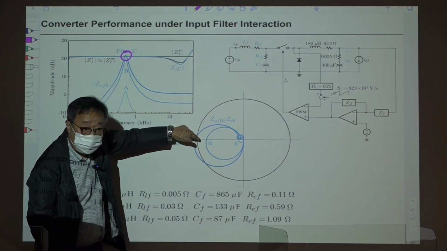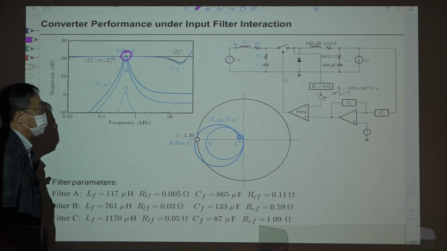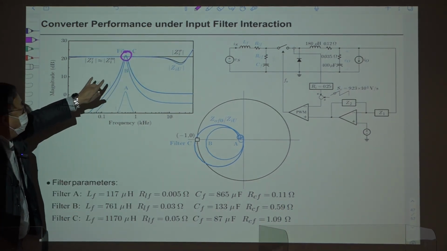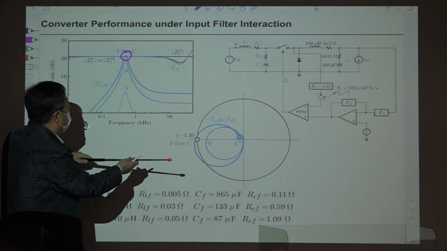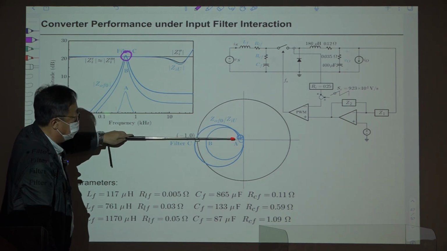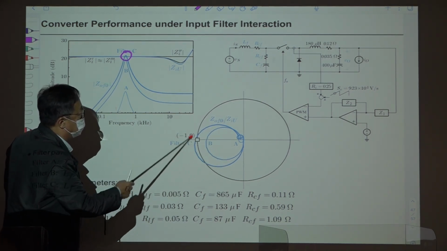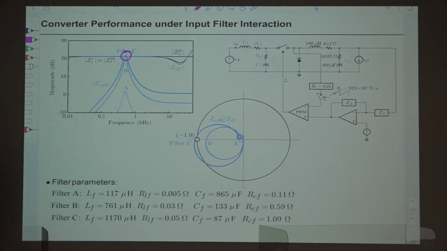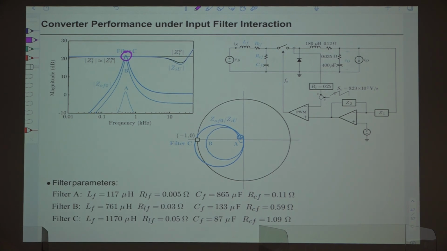Gain margin will be very small. Okay, and for the third case, we have overlap. And during the frequency of overlap, we know the phase of this minor loop gain is in this direction, minus 180 degrees. So it encircles this critical point. So for the case of filter C, the converter becomes unstable. That's obvious from this loop gain analysis, polar plot analysis, minor loop gain analysis.